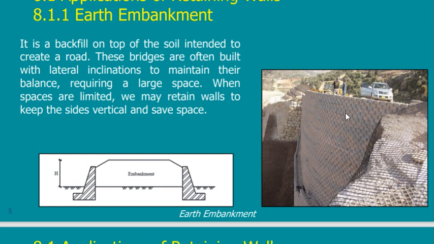Because of the method of construction, we can minimize the thickness of the wall. So it's another type that can reach very big heights, and at the same time it's not wasting a lot of money.